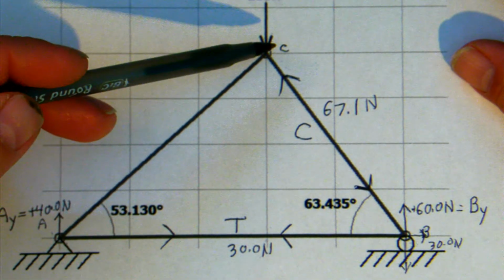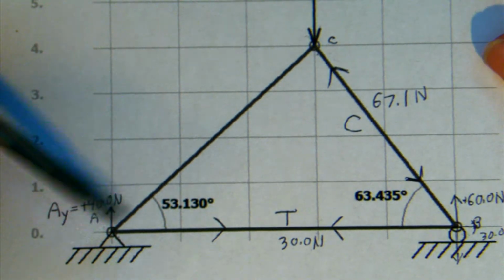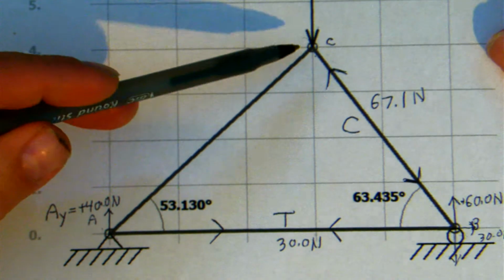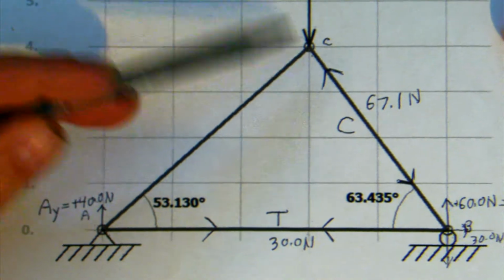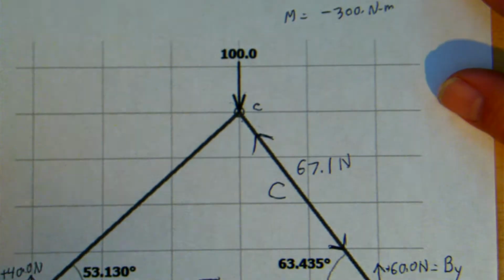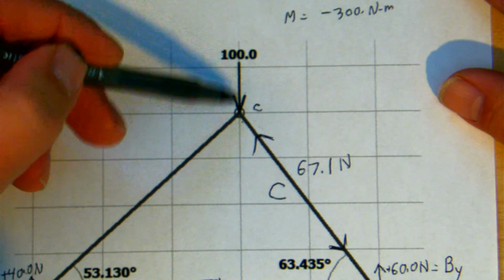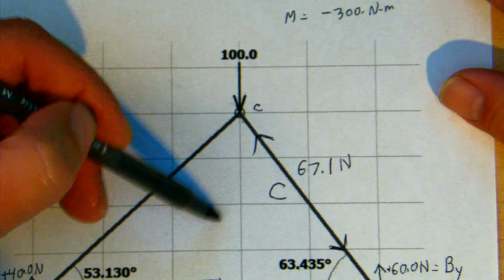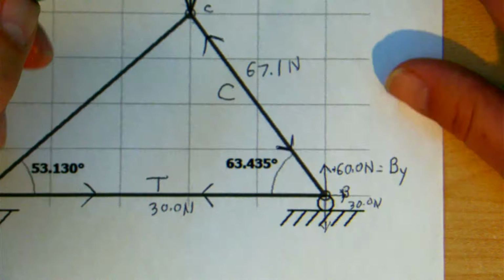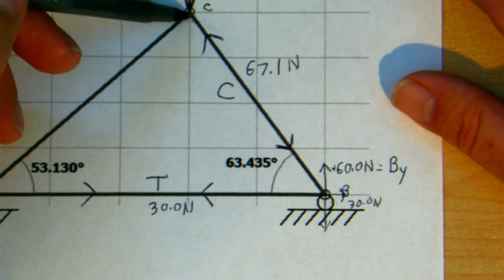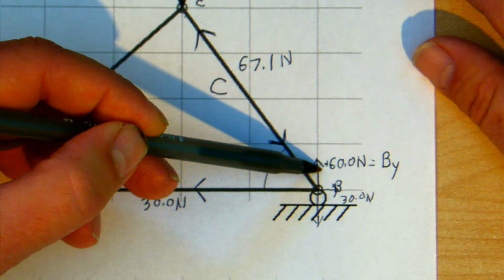I could do this guy on top, or I could go do point A. Either way, I can finish this off figuring out what's going on with member AC. I'll do this up at the top. What's going on here, if I do the free body diagram, is that I have 100 newtons load pushing down on point C. I remind you that member BC is pushing B down with a vertical component of 60 newtons.